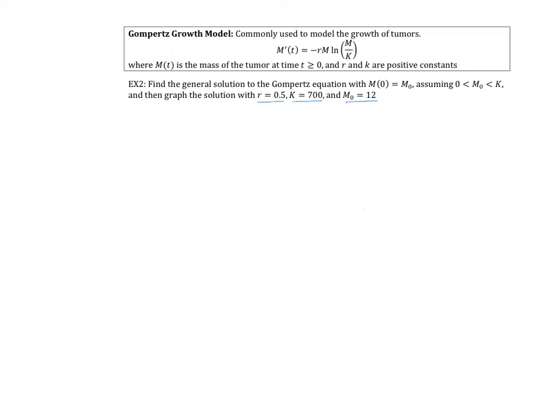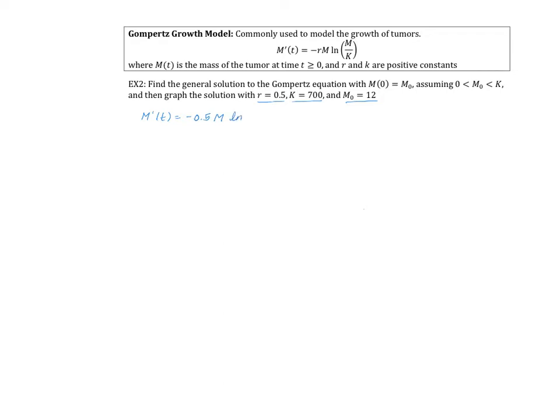Well, my general differential equation that's modeling the growth rate of the tumor is M prime of t. I know what my r is, so I'm going to substitute that in and get negative 0.5. I don't know what M is, that's what I'm trying to find.